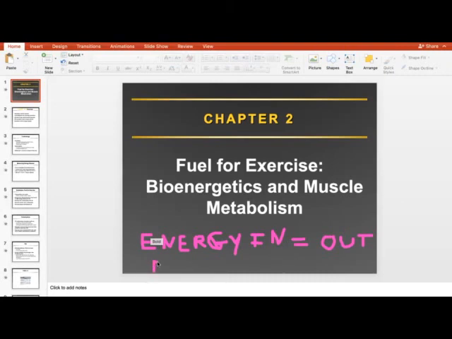And eating is a behavior, all right? And you could say that an individual who has too much body mass or body fat could be eating too much, right? And the out is exercise, and they don't exercise enough.